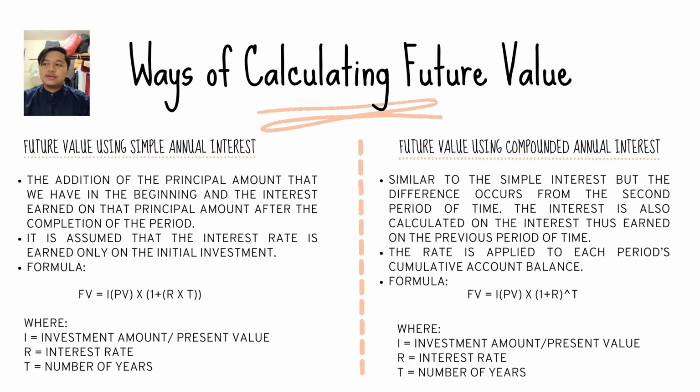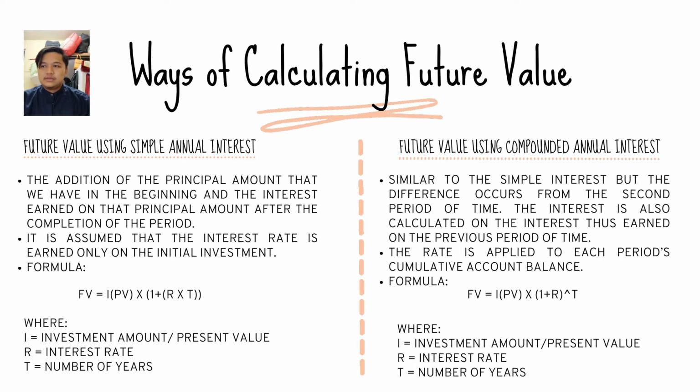It is assumed that the interest is earned only on the initial investment. The formula is FV equals I times 1 plus R times T, where I is the investment amount or present value, R is the interest rate, and T is the number of years.